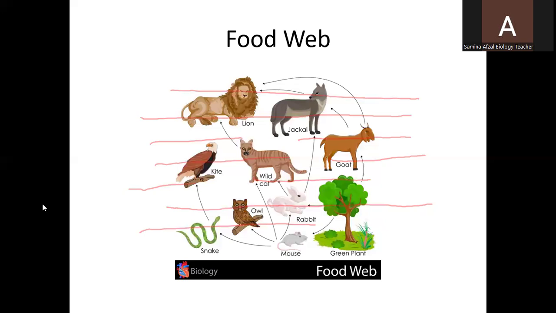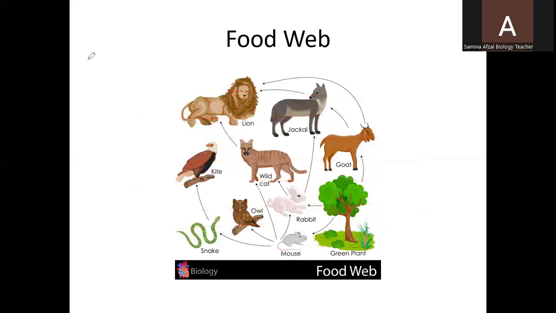Here a food web is shown, and you can see many food chains in this one food web. For example, the tree will be eaten by the goat, the goat will be eaten by the jackal, and the jackal can be eaten by the lion. This is only one food chain.